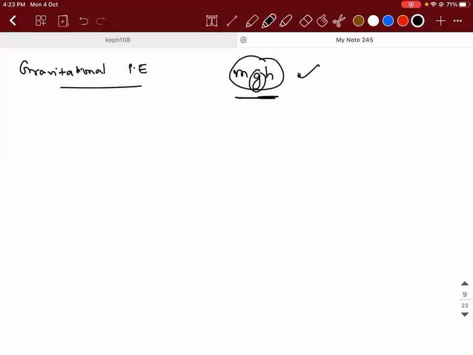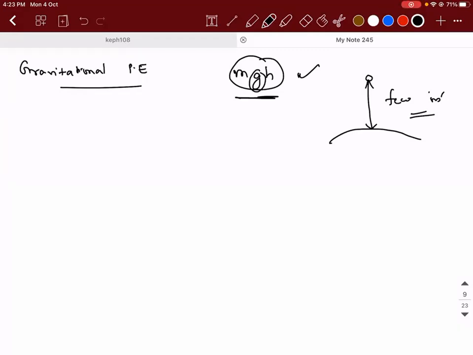So what is this MGH that you have learned in the previous chapters? That MGH you have learned in the previous chapter, you can apply that formula because the object is going to travel a few meters. When you throw a ball upwards, you can give maximum velocity to it in such a way that the ball can go to a height of a few meters only.